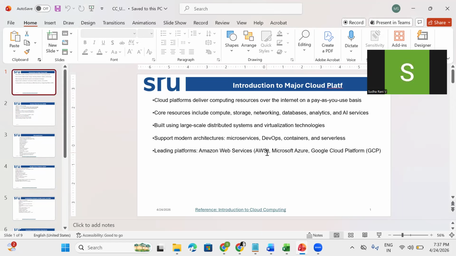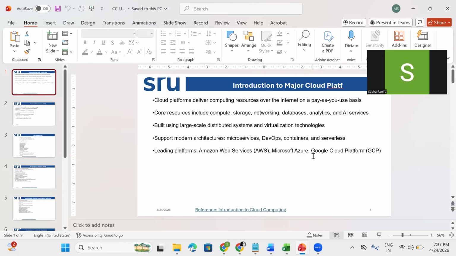Major platforms are AWS, that is Amazon Web Service, Microsoft Azure, and Google Cloud Platform. These are the three popular cloud services which people use most.